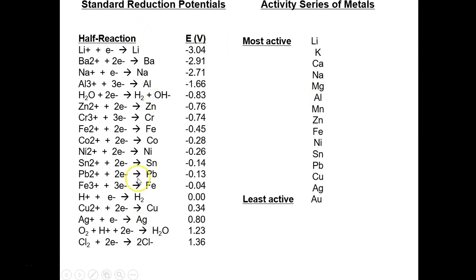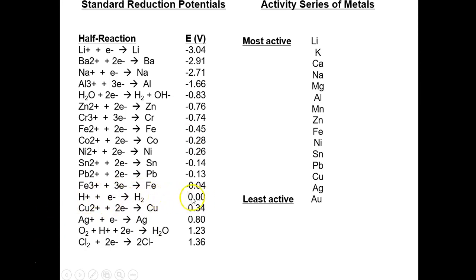And what we have on the left here is a table of standard reduction potentials, and those are measured in volts. Now, the standard reduction potential is the amount of energy released or required for those reduction reactions to occur. And they're all based on the reduction of hydrogen ions.